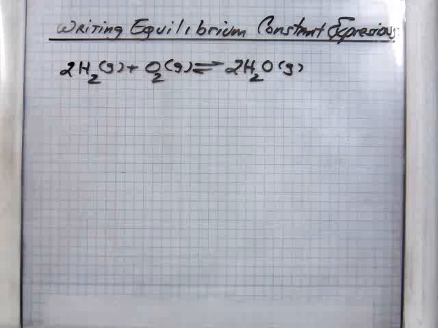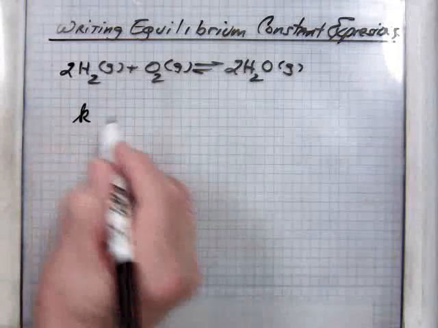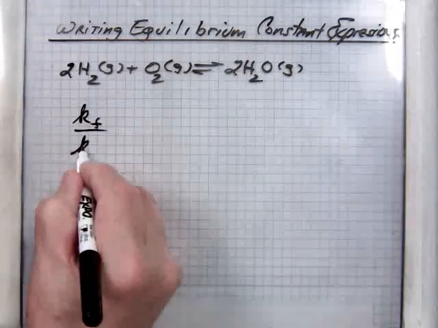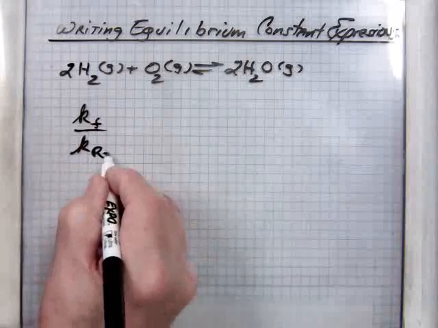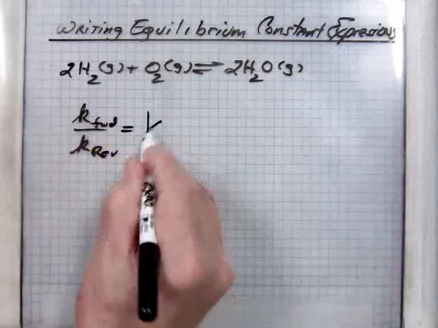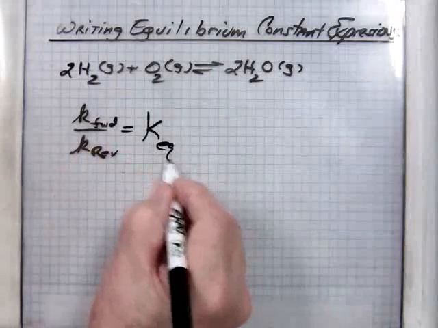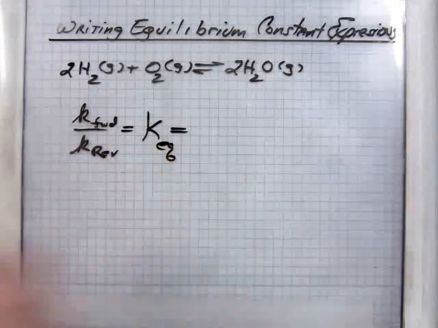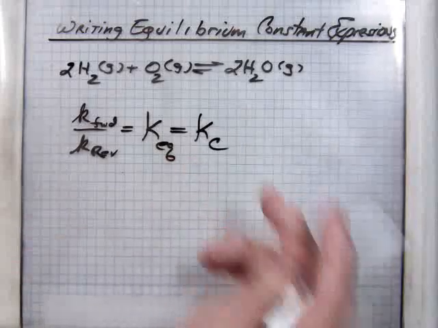The relationship that we determined a few minutes ago was K forward over K reverse is redefined as an equilibrium constant. Since everything's gas phase, that would represent a Kc expression.